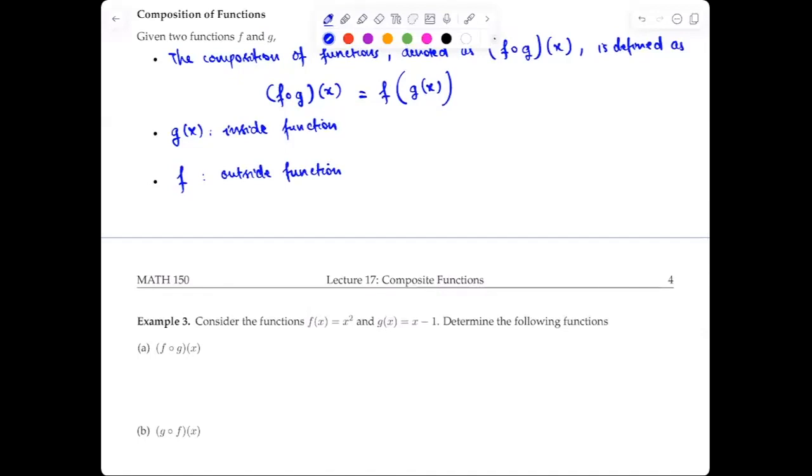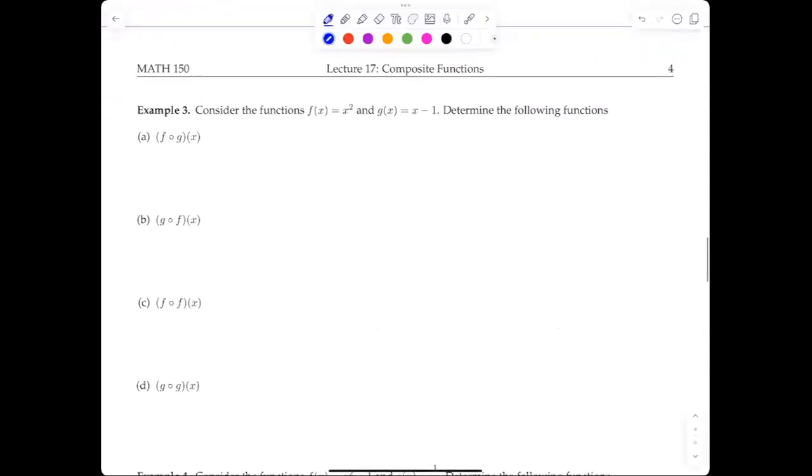So to show that the exponential function and logarithmic function are inverses, we need to show that both compositions equal x, and to show it you need to know how to perform compositions of functions. Good. Having said that, let's move on to an example.